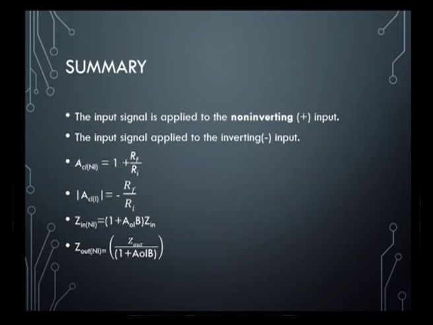If the input signal is applied to the inverting input, it is called an inverting amplifier. We also found the open loop and closed loop gain for the non-inverting and inverting amplifiers. For non-inverting it is 1 plus RF divided by RI, and for inverting the gain will be RF divided by RI, and we also derived the input and output impedances for the non-inverting and inverting amplifiers and applied them in the examples.